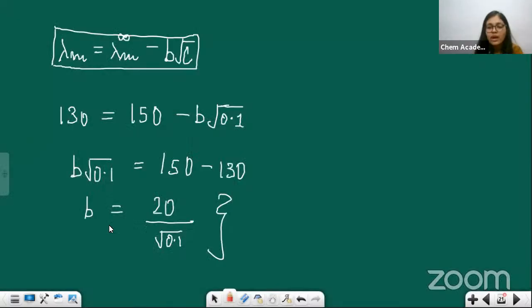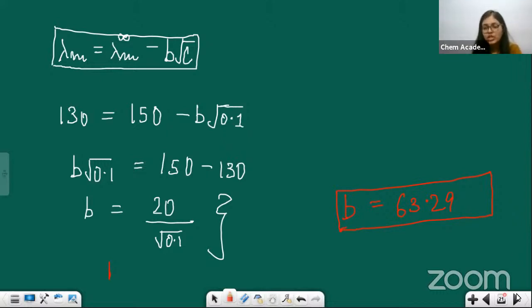All of you have solved it absolutely correctly. So the final answer for b is coming out to be 63.29. Very good. I hope you all have understood this question very, very clearly. Okay. I'm sure this is clear.